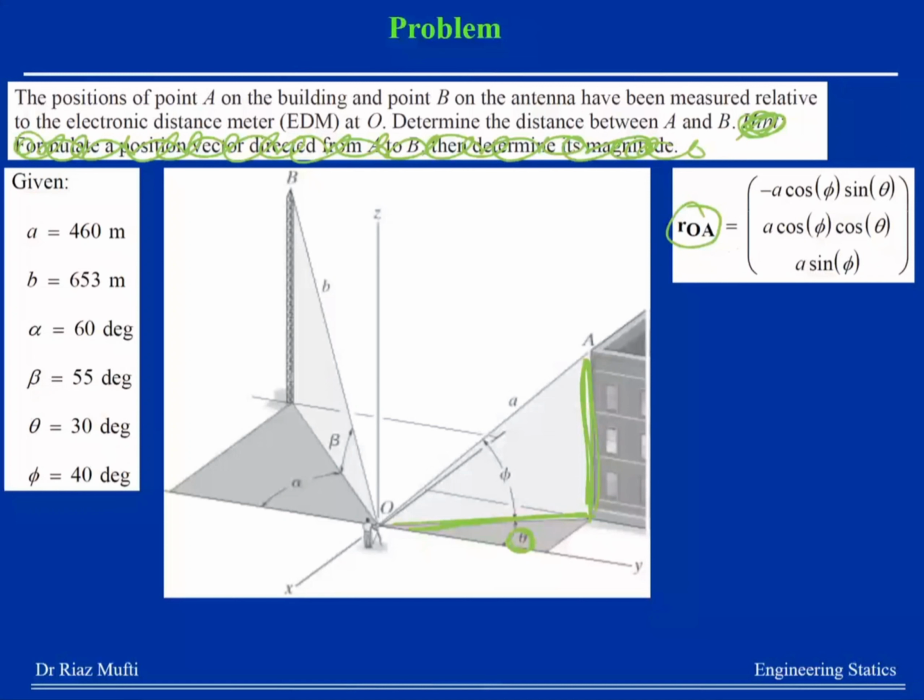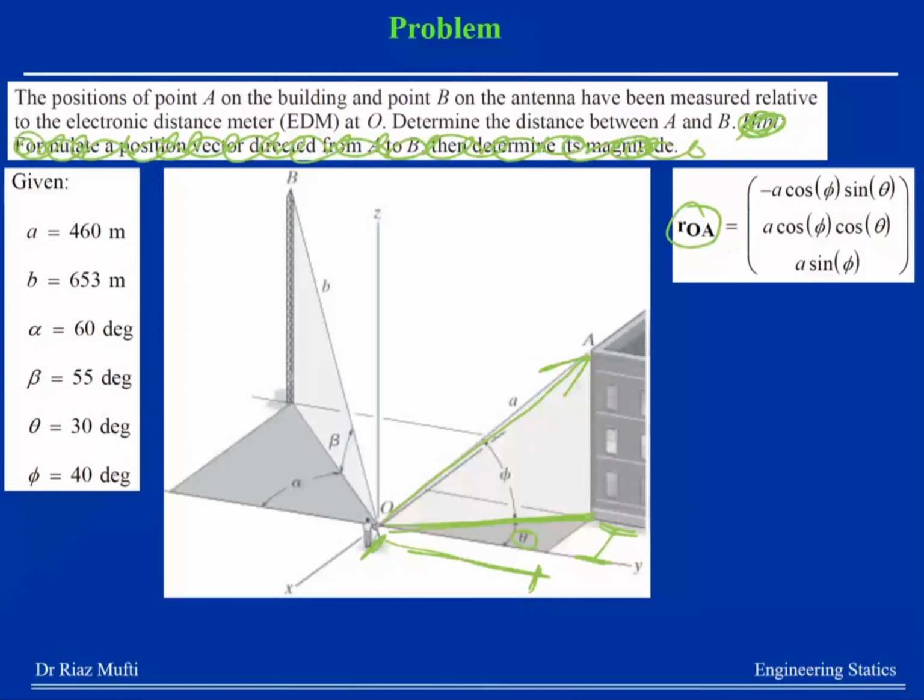So knowing the projection of OA on the XY plane, and then knowing the angle here, I can get this component and this component. Am I right? Yes, sir. So in simple words, for OA, I've got my three components out, which are given here.